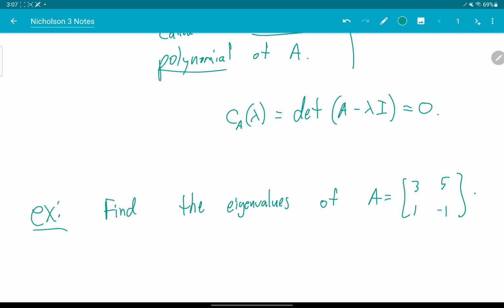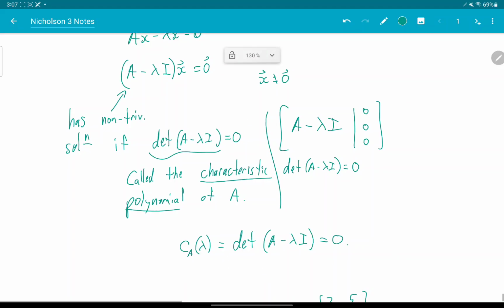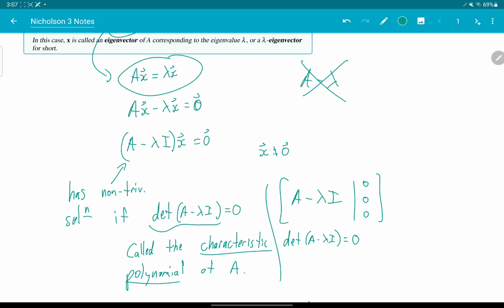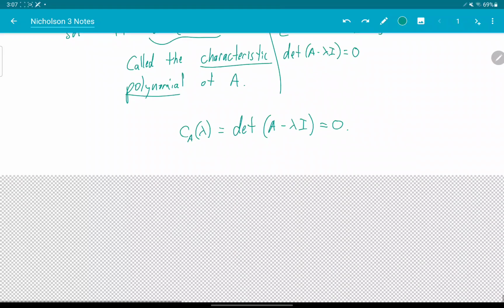It's going to be 4 and negative 2, I think, but let's find them more systematically. Now, this discussion we just had says that if I have an eigenvalue, if I have something passing this test, then the determinant of this matrix has to be 0. That's my argument there.